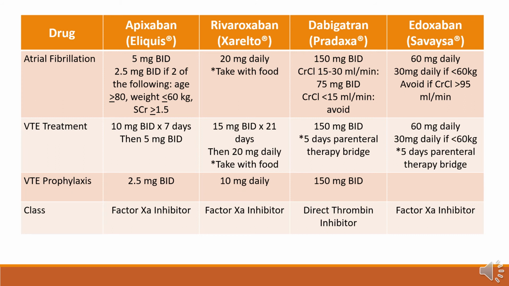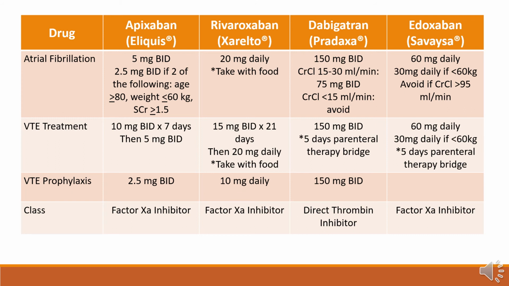So a patient that is 80 or older, or has a weight of 60 kilograms or less, and/or a serum creatinine of 1.5 or greater, if you meet 2 of those 3, that's when you use a lower dose. So a patient that is 83 with a serum creatinine of 2, use the 2.5 milligram twice daily if they have AFib.